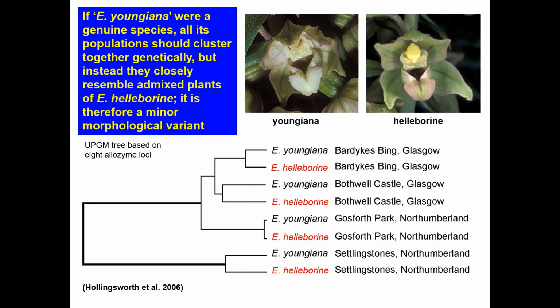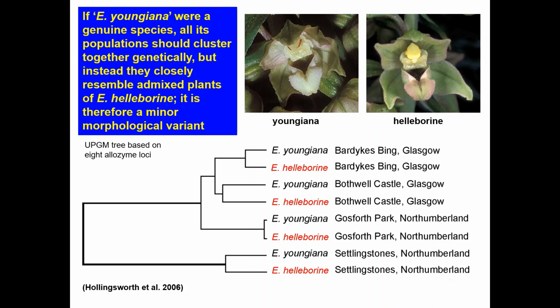Now, if youngiana were genuinely a different species, you'd expect all of the youngianas to cluster together and all of the helleborines to cluster together. But that isn't what you find. What you find is that Helleborine from Settling Stones clusters with youngiana from Settling Stones, and Helleborine from Bardiyksbeen clusters with youngiana from Bardiyksbeen.